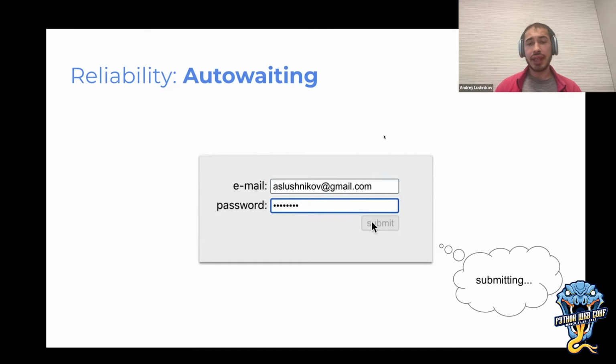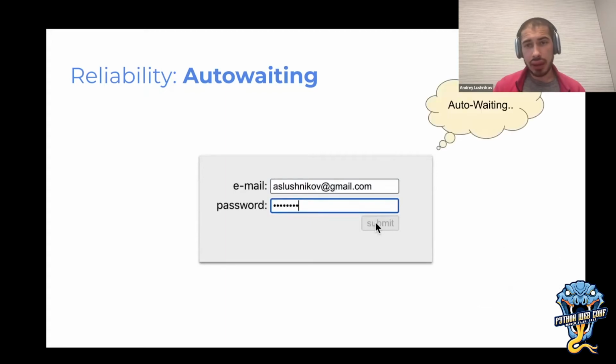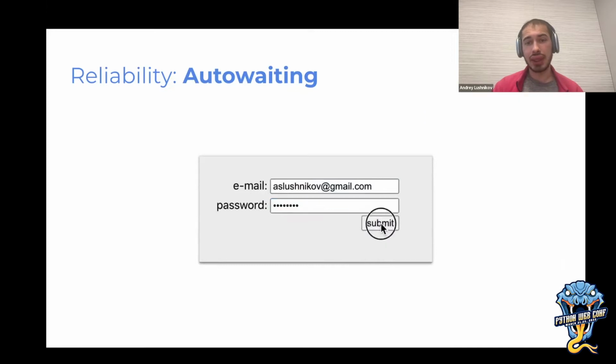And then you say, hey Playwright, click submit, but you see that the button is actually disabled. So instead of trying to hit this button that is not clickable, Playwright will engage in something that we call auto-waiting. Playwright will make sure that the button gets enabled, and only once it is enabled, it will click it, which makes the form submitting nice.